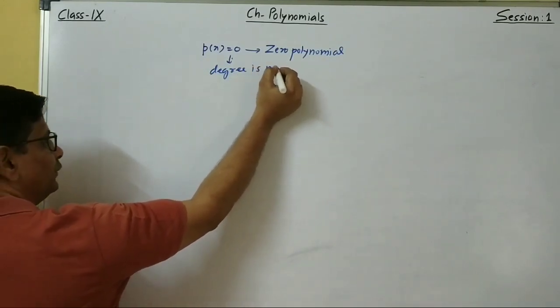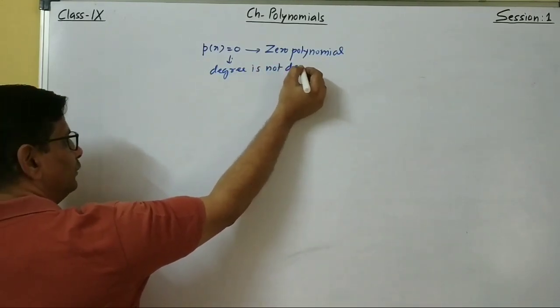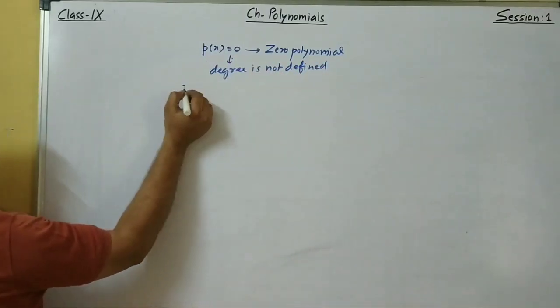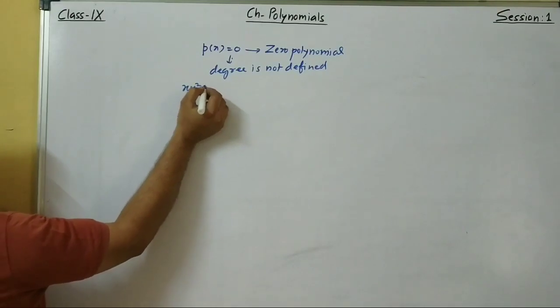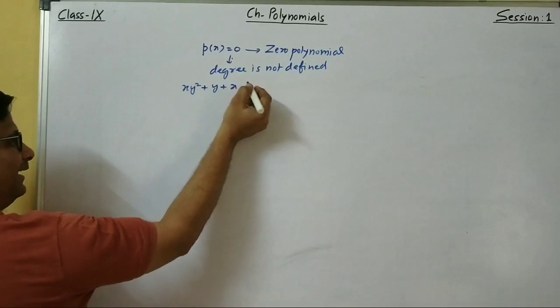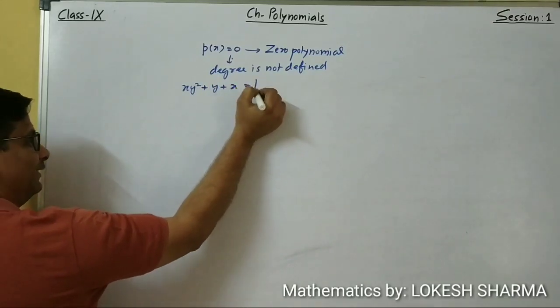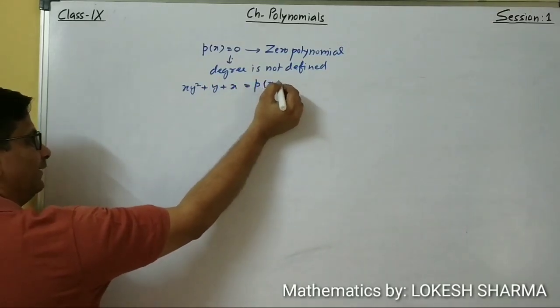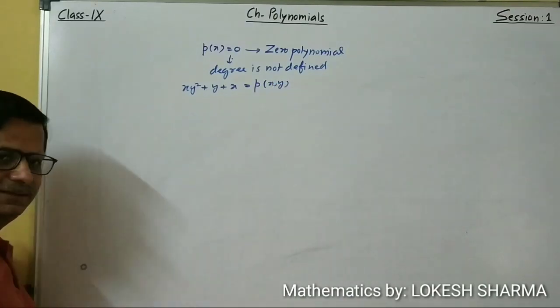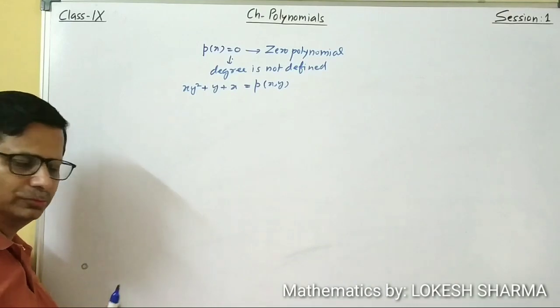So degree of zero polynomial is not defined. Okay. If we write an expression like this, xy square plus y plus x, then it is a polynomial in 2 variables, x and y. So we call it polynomial in x and y, and it has 3 terms, so we can call it trinomial also.